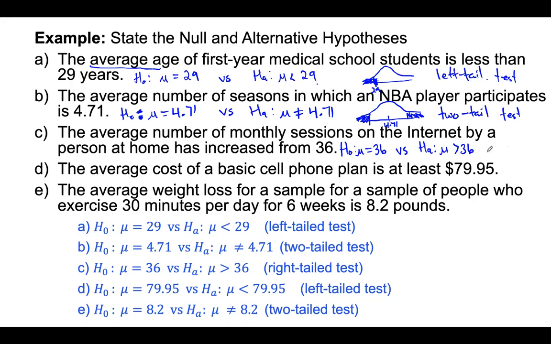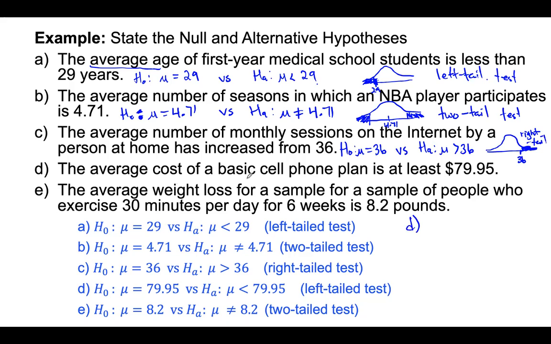Now, of course, we can just draw this. 36, it's this portion over here, so it's right-tailed. So D, I'll write D over here.